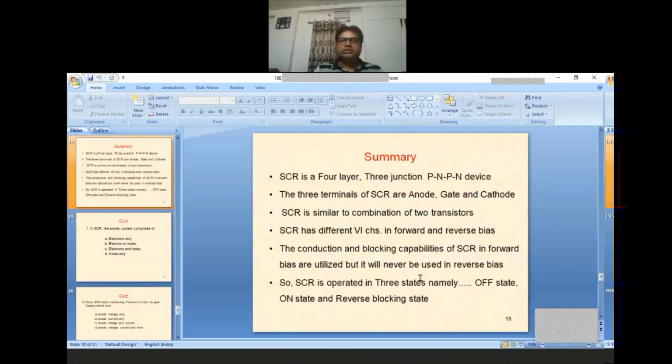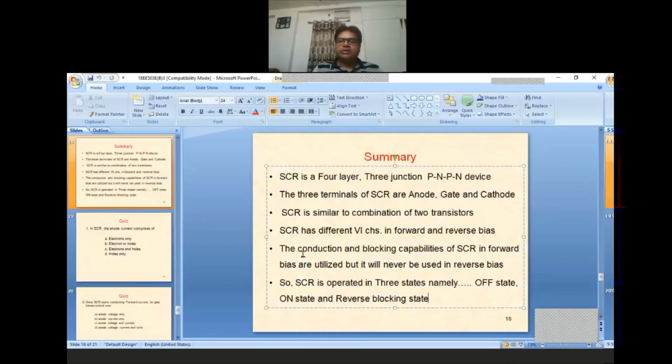And to summarize, it is a four-layer, three-junction PNPN device. Three terminals of SCR are anode, gate, and cathode. It is similar to a combination of two transistors, based on which we have discussed the two transistor analogy for working. SCR has different VA characteristics in forward and reverse bias, as we have seen.